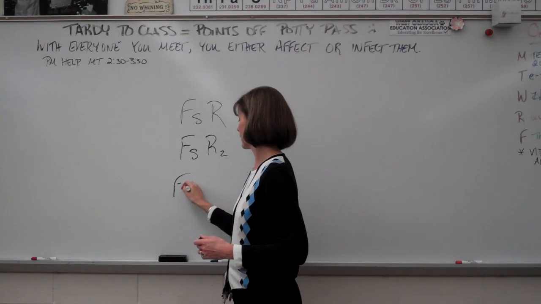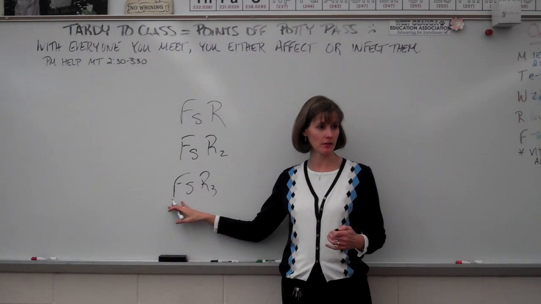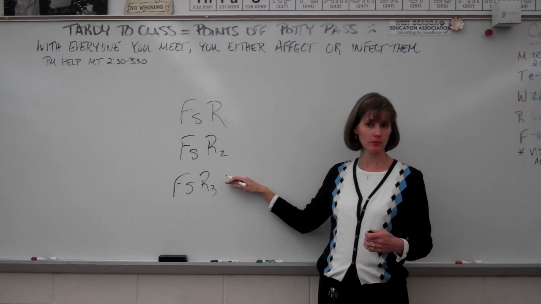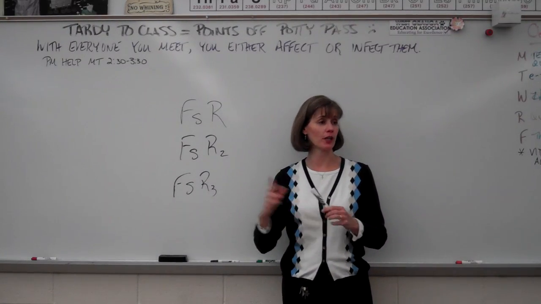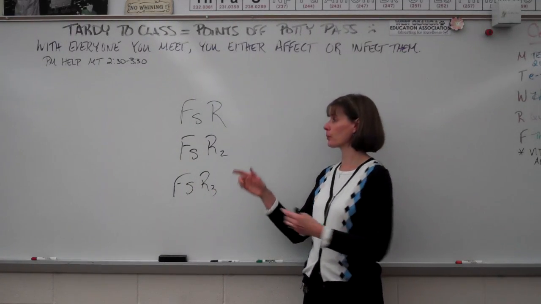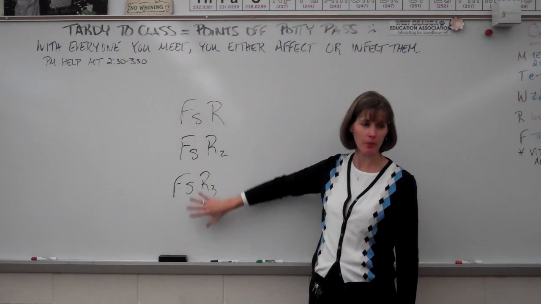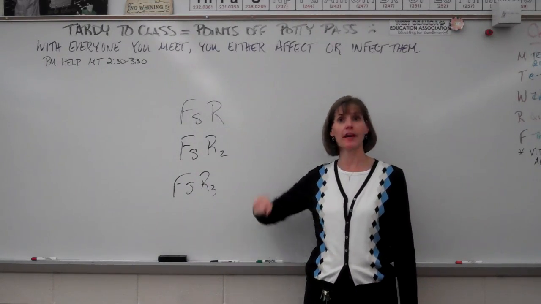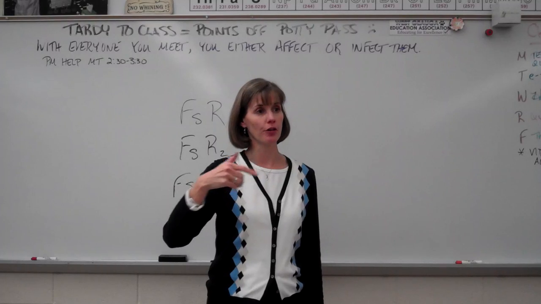And then we made FSR3, and there was still a set ratio. But what did you notice when we compared these 3 compounds? It was a 1 to 2 to 3 mass ratio of rings to total. So this represents definite and multiple proportions. We've got a distinct mass ratio between the atoms within any given compound, but we can make more than one compound with those atoms. That's what makes it the multiple proportion part. Same atoms could come together in other ratios.